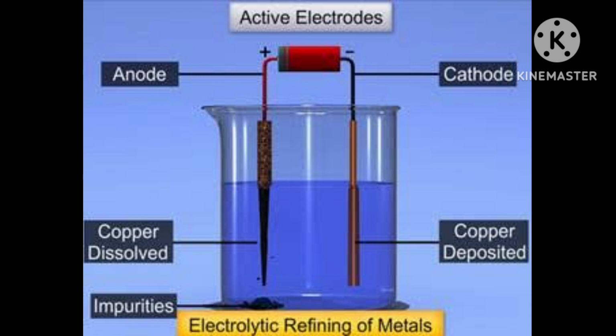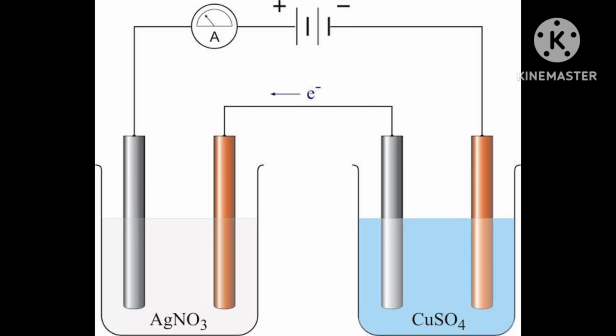Correct? 50,000 ampere into 1 second is now converted into charge, 50,000 coulomb. Then what does 50,000 coulomb mean if you convert it with 96,487 coulomb per mole?